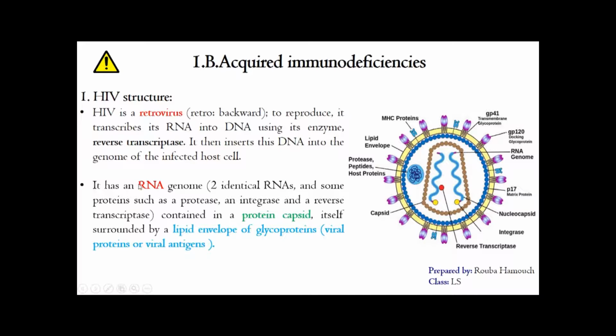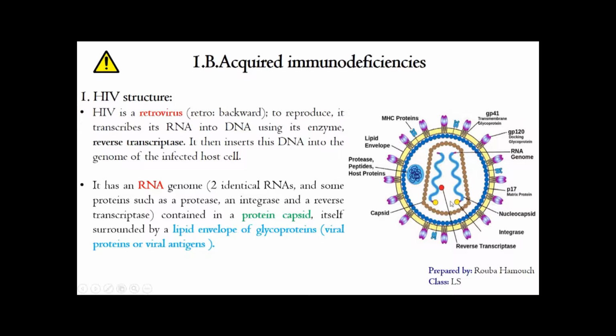So the HIV has two identical RNA molecules, the blue chains here, and some proteins: protease, integrase in yellow, and a reverse transcriptase in red.